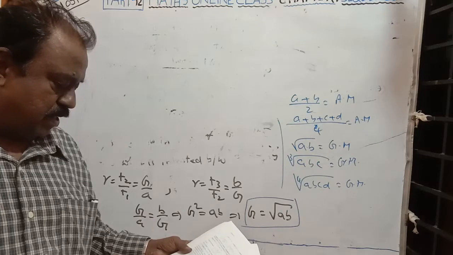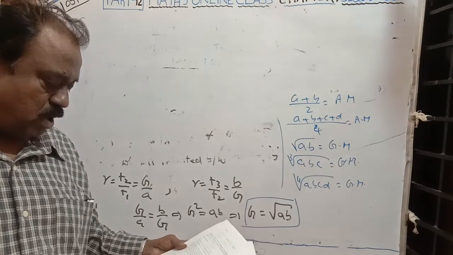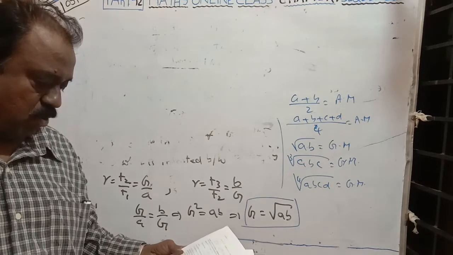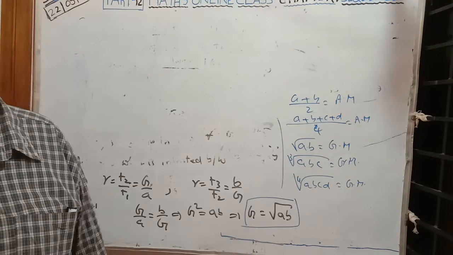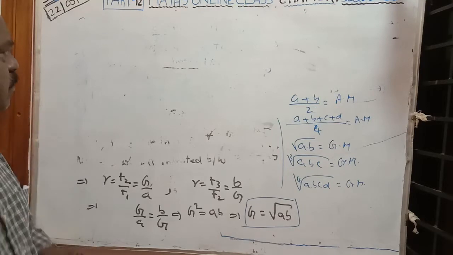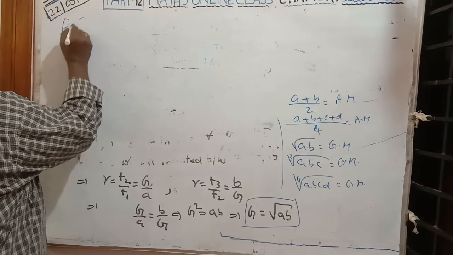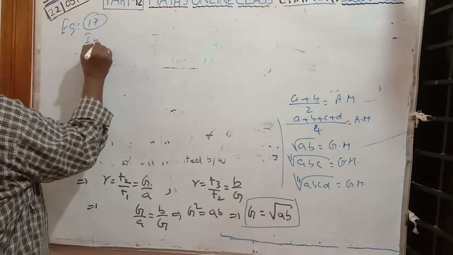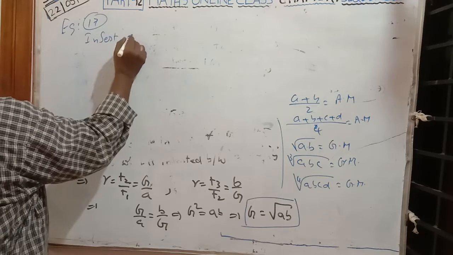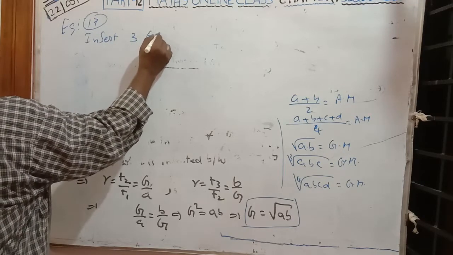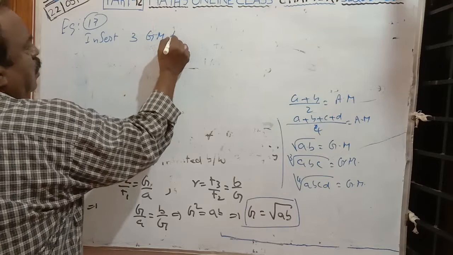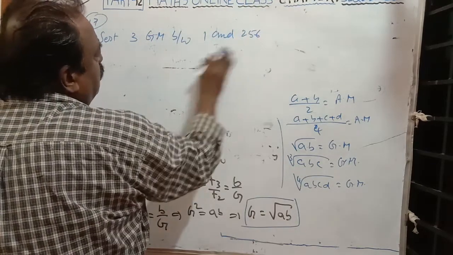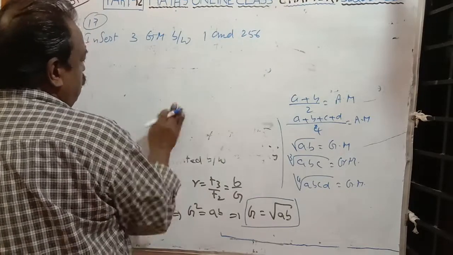Insert 3 numbers between 1 and 256 so that the resulting sequence is GP. This is example 17. Insert 3 GMs between 1 and 256. I have to find those GMs.